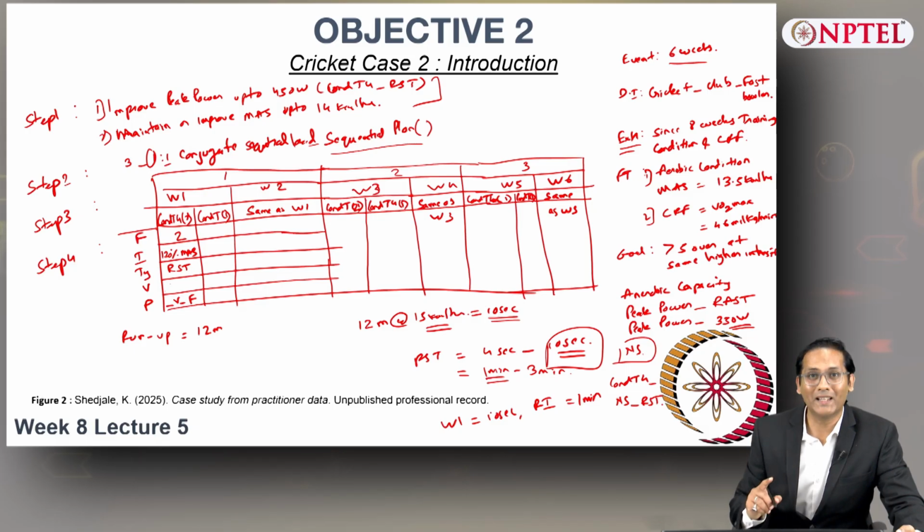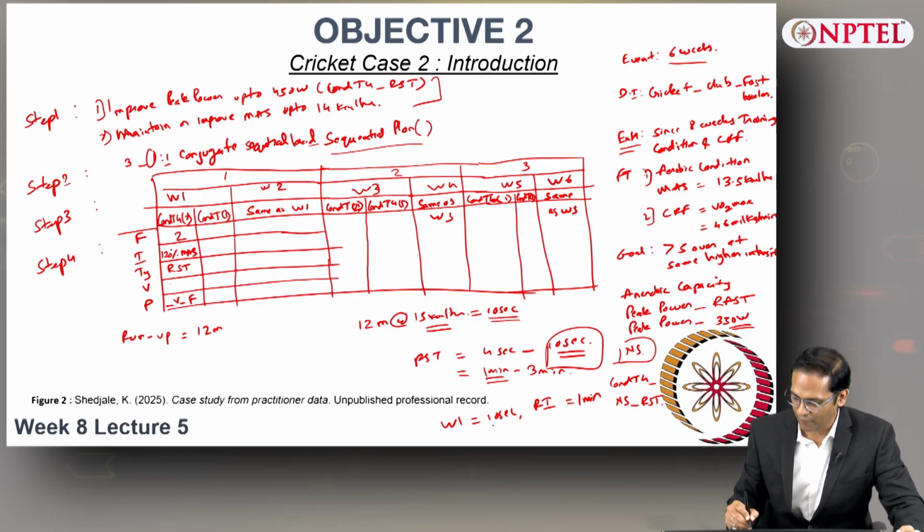So, one repetition is of 10 seconds and this would be executed at a speed of 15 km per hour. And this would be one repetition.